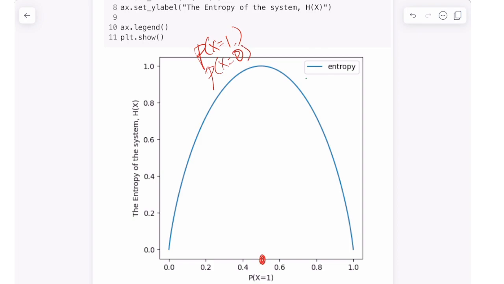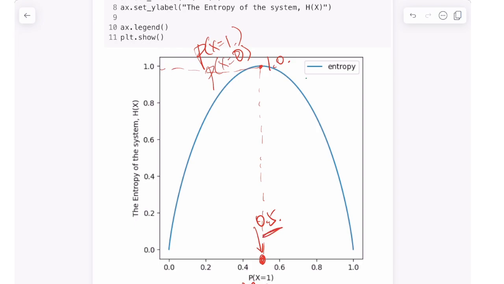If the probability of an event equals 0.5, the corresponding entropy of this system will be 1.0. 1.0 means the uncertainty of this system is quite high, because every time you observe the random variable x, it randomly gives you 1 or 0 evenly.